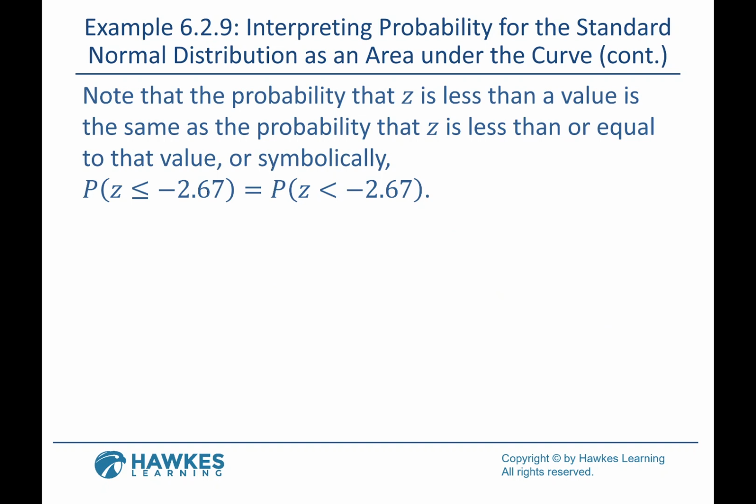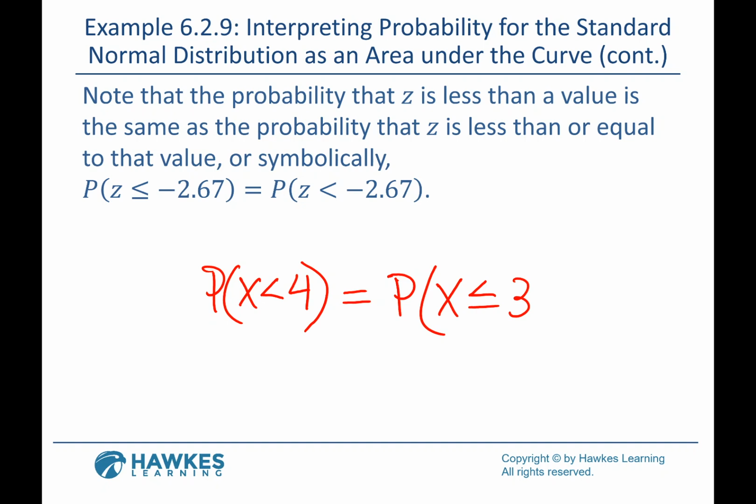So something to point out, and this is different than what we dealt with in chapter 5. Remember in chapter 5 we had things like, if we wanted the probability that x was less than 4, we could say that's the same thing as the probability that x is less than or equal to 3, because less than 4 meant the same thing as less than or equal to 3, since we didn't have any numbers between 4 and 3.